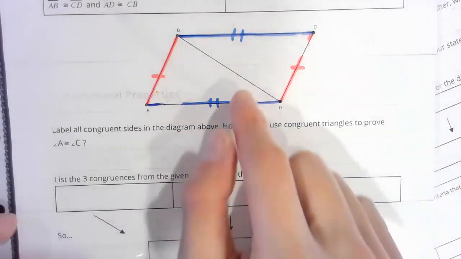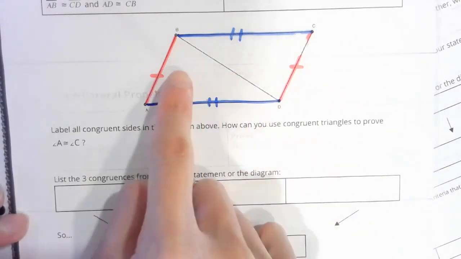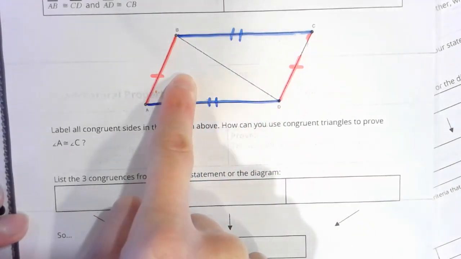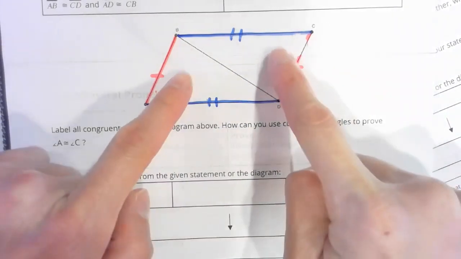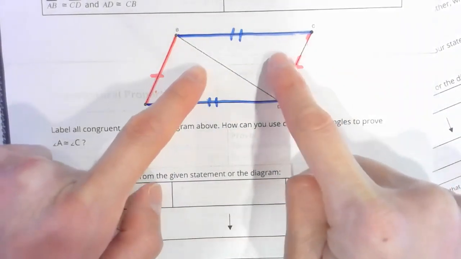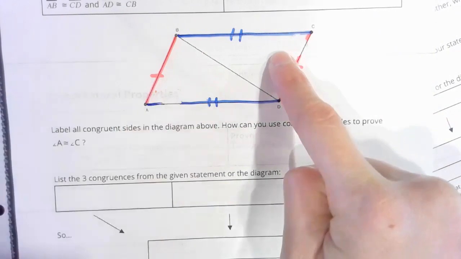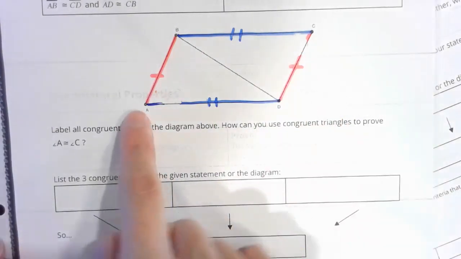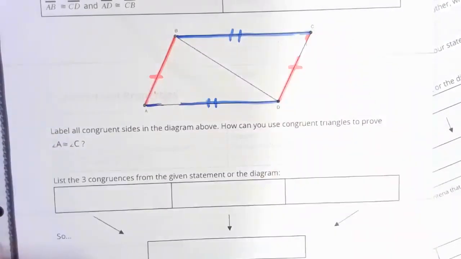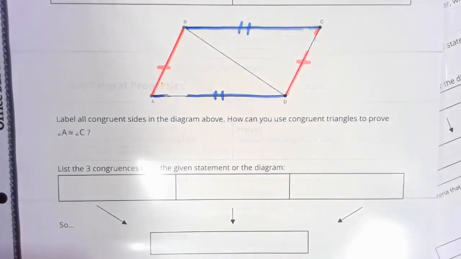So if I can prove that this triangle on the left is congruent to this triangle on the right, then I can conclude that angle A has to be congruent to angle C because they're corresponding parts of congruent triangles.